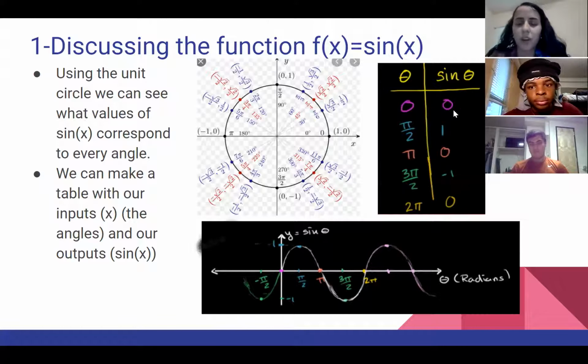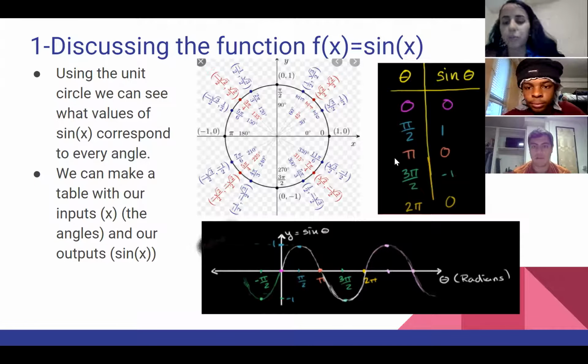Whenever theta equals pi over 2, sine of theta will be 1. Whenever theta equals pi, sine of theta equals 0 again. When it's 3 pi over 2, sine of theta will be -1. And lastly, whenever theta is 2 pi, sine of theta will be 0.